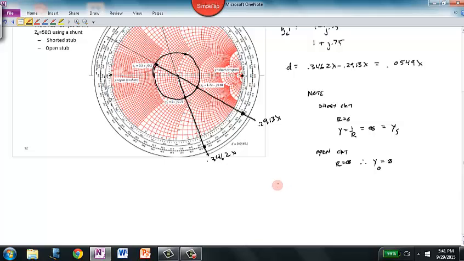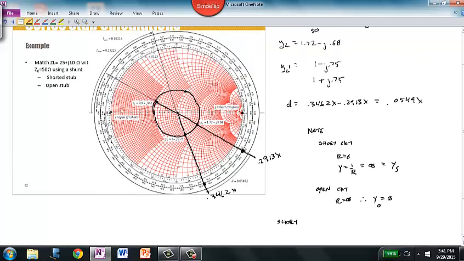So for a short circuit, we need to cancel out this minus 0.75 of susceptance here. We do that with plus 0.75 mhos of susceptance, so we've got the plus j0.75 mhos. If we're going to do that with a short circuit, we need to measure the distance in wavelengths toward the generator from this point all the way around to this point right here.